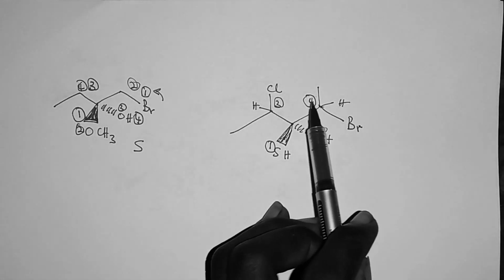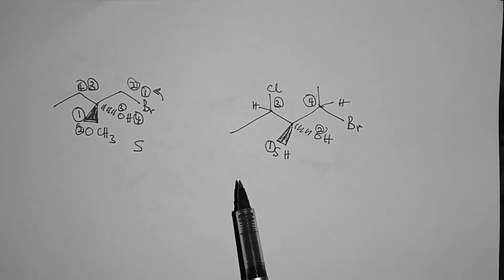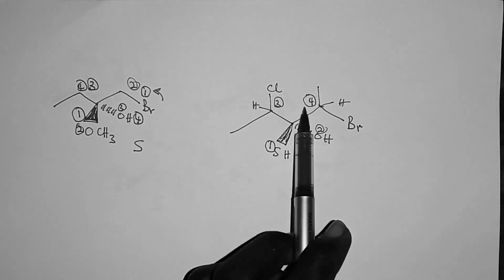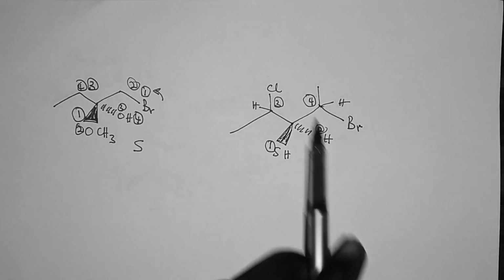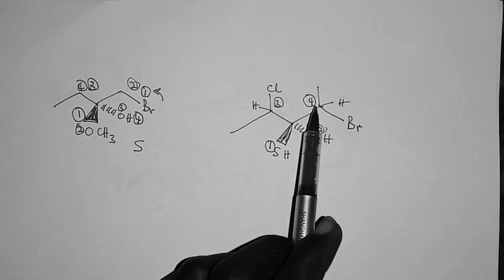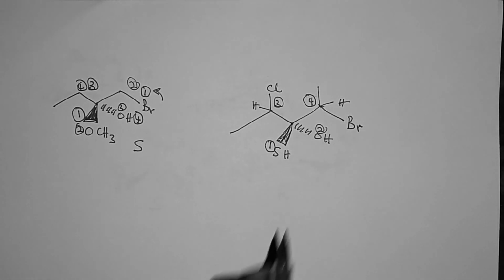But you can see that number 4 is neither pointing towards us nor pointing away from us. So the rule says that we should swap the number 4 with the group that is pointing away from us. And when we do the swapping, we will also swap the other 2. So we are going to swap 4 and 2 because 2 is the group that is pointing away from us.